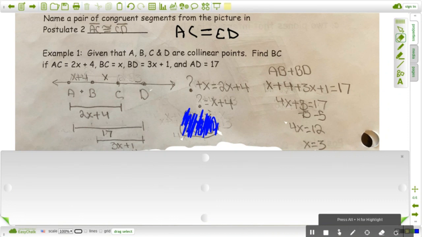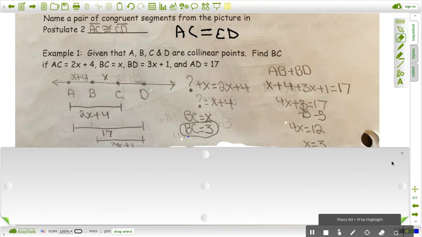Then you would do 4x, because if you do this, you are combining the like terms, plus 5. And you subtract 5 from both sides, and you get 4x equals 12, and then you would divide and get x equals 3. And x now would be the value of BC, and that's what you're trying to find. So BC is equal to 3. I hope that was helpful, and let's move on.